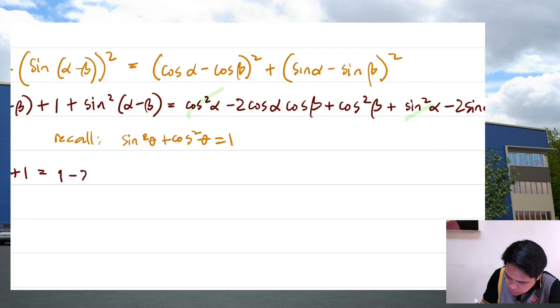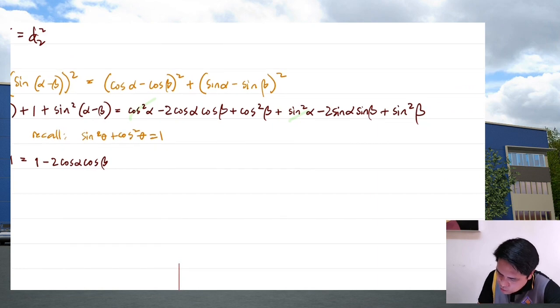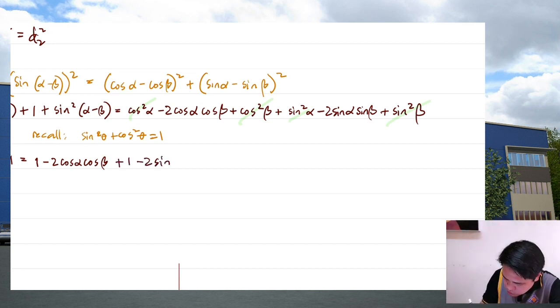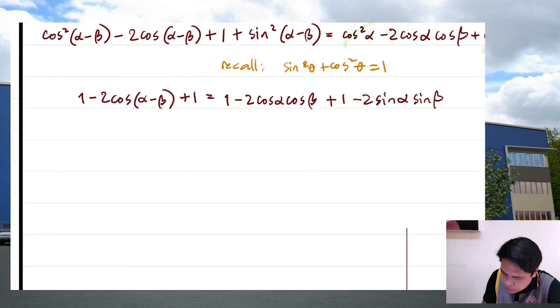Then let's write minus 2 cosine alpha cosine beta, and then this and this will be reduced to 1. So we'll have plus 1 minus 2 sine alpha sine beta.